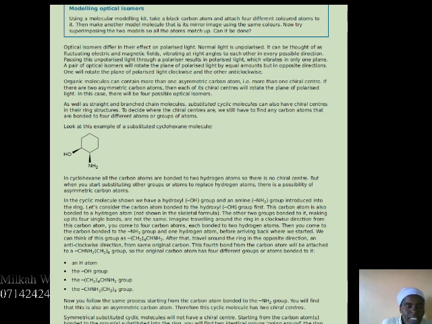But when you start substituting other groups, maybe the OH group, the amine group, the bromide group, or even the chloride group, onto that carbon, there is a possibility of getting an asymmetric carbon, that is a carbon that is bonded to 4 different groups. In this cyclic compound we have an OH group and also an amine group.